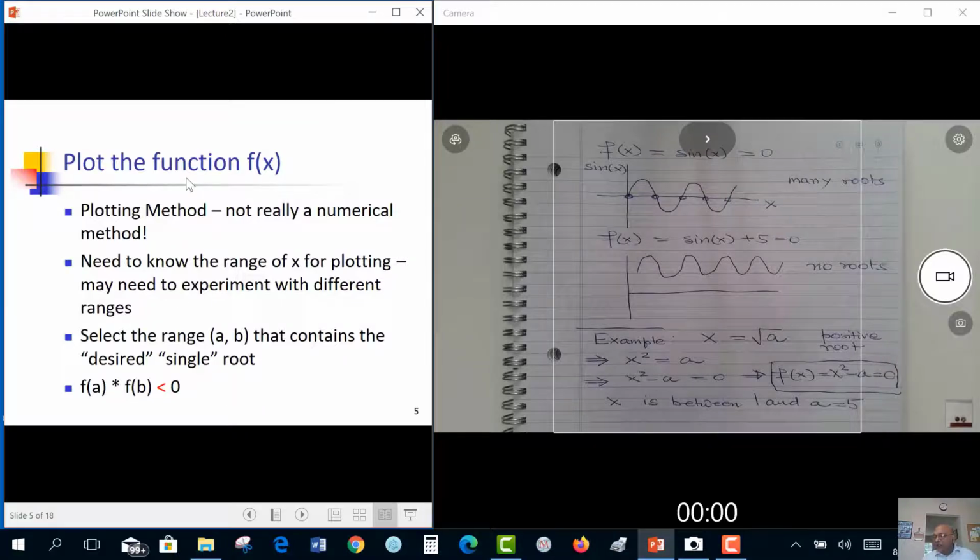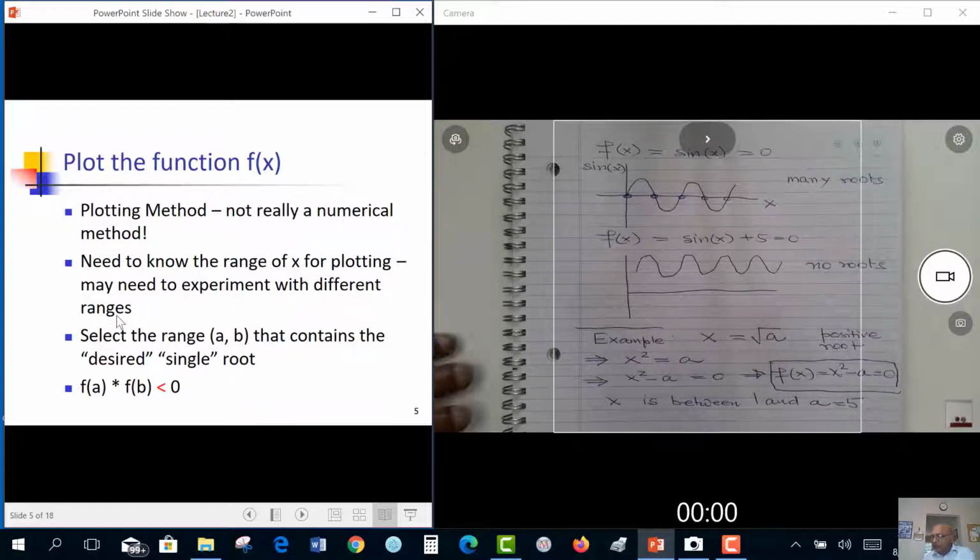Well, one thing we can do, just to visualize it, as we have been plotting functions, we can plot this function. So we can say plotting method. Well, it's not really a numerical method. We do need to know the range of x for plotting, so we may need to experiment with different ranges.